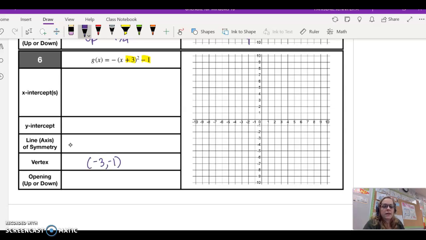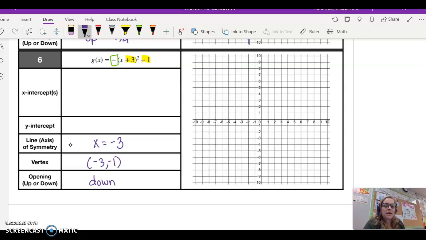Well, if that's my vertex, then my axis of symmetry is going through that point. So x equals -3, right? We can also tell that it's going to open down because of that negative sign, right? So it's going to be facing down, concave down.